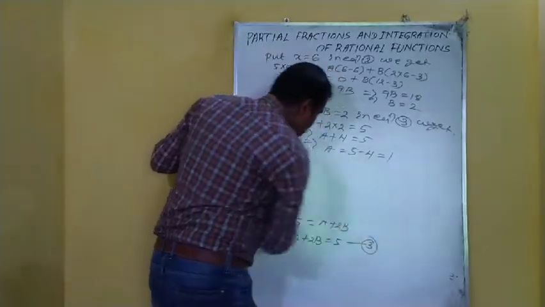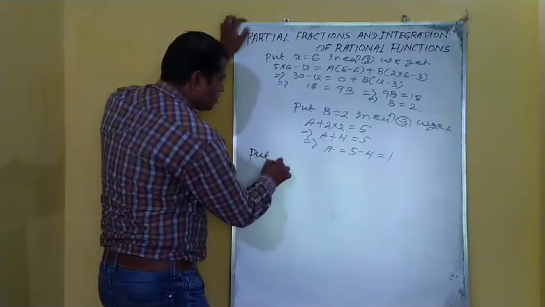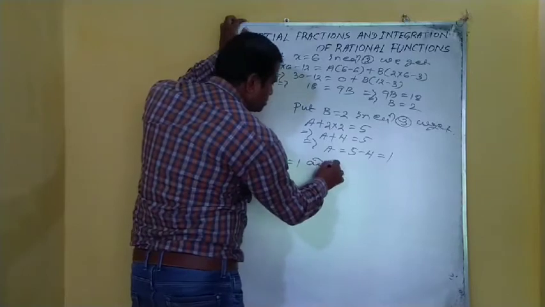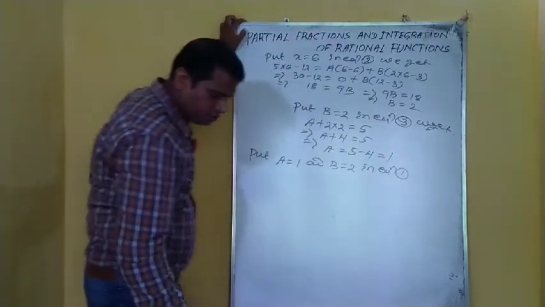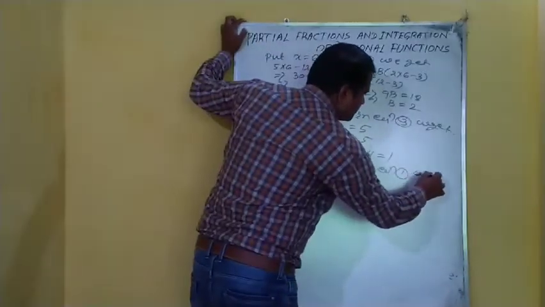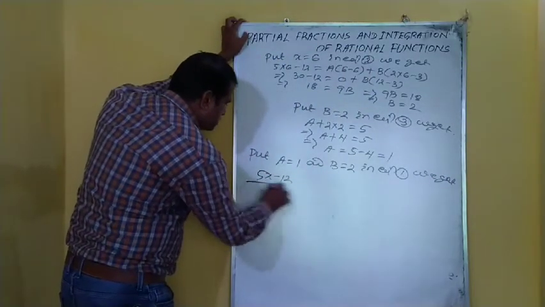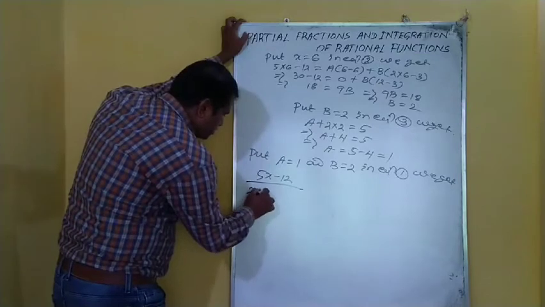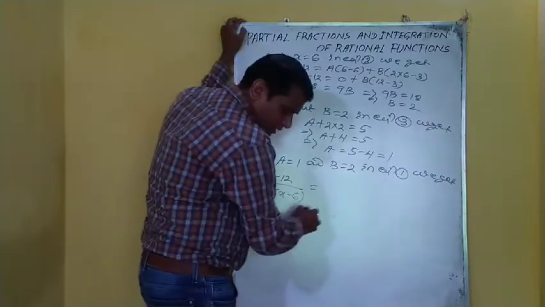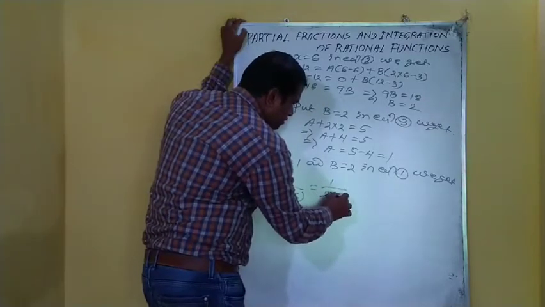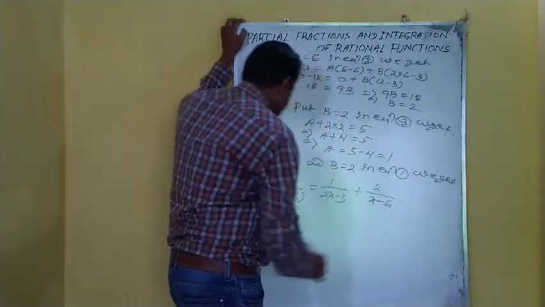Now we put A equal to 1 and B equal to 2 in equation 1. We get (5x minus 12) divided by (2x minus 3) whole into (x minus 6) equal to 1 by (2x minus 3) plus 2 by (x minus 6).